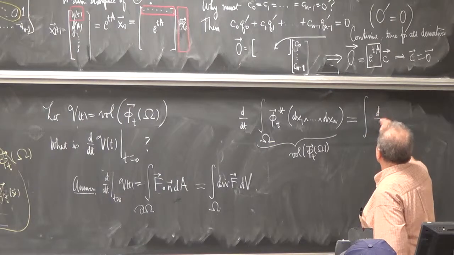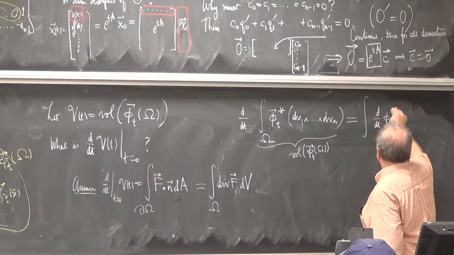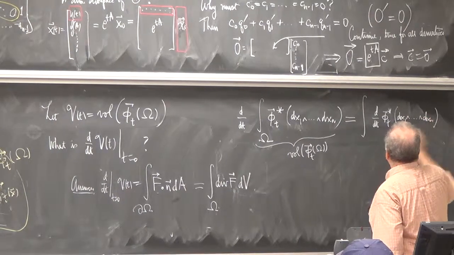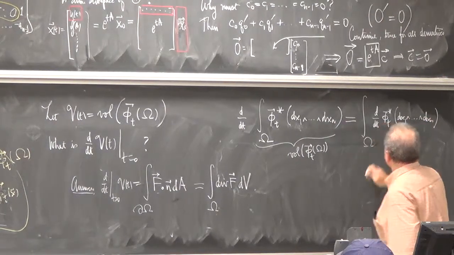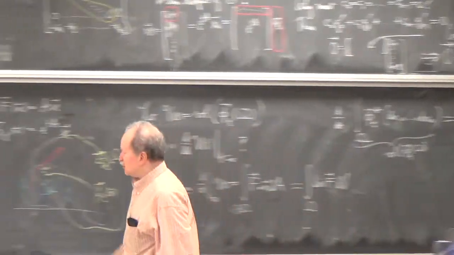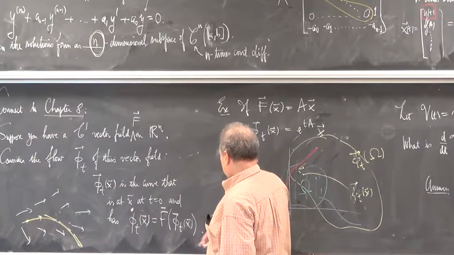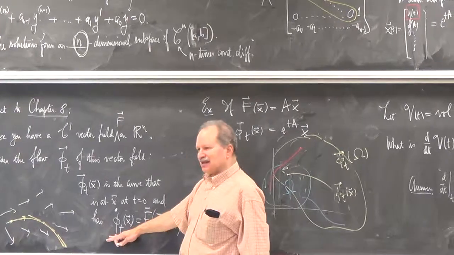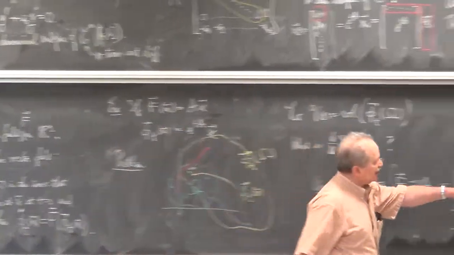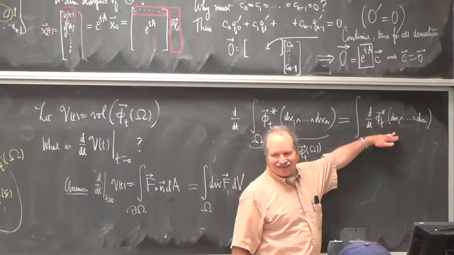Yes. And what is d dt of the pullback? Well, that must have something to do with saying d dt of the flow is the vector field. So this must bring in differentiating the vector field.